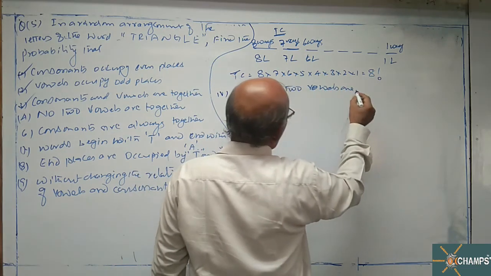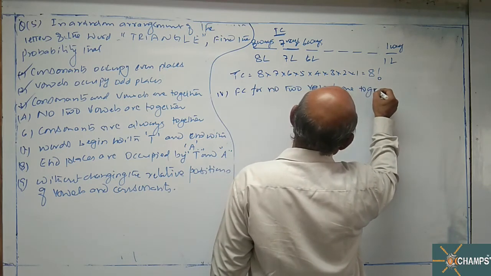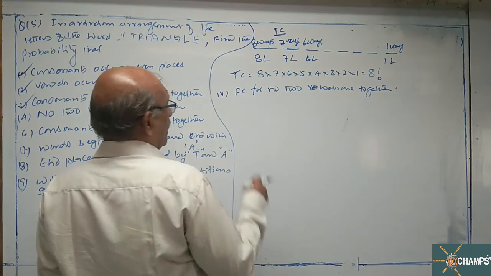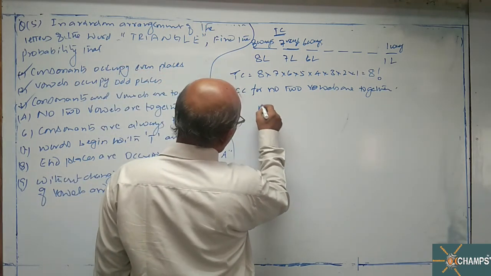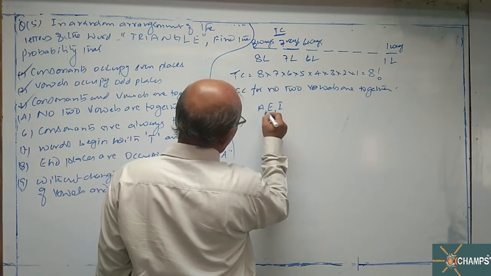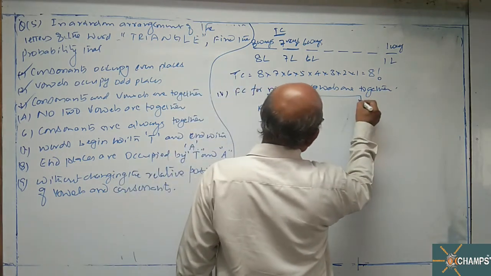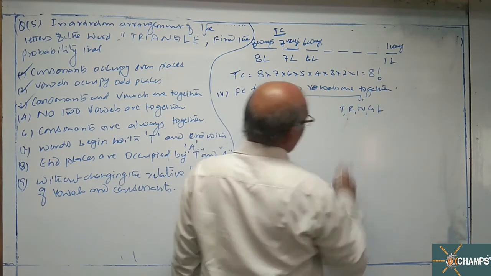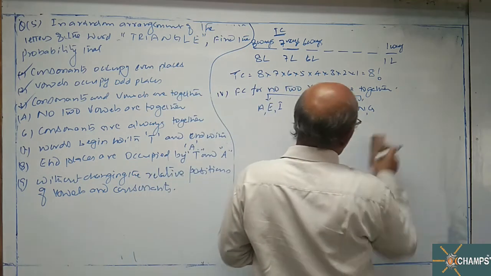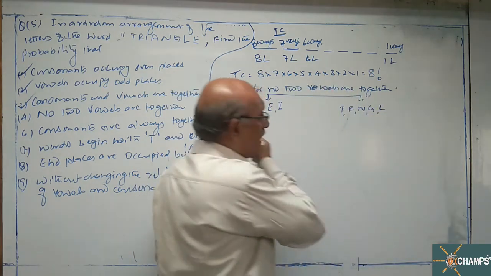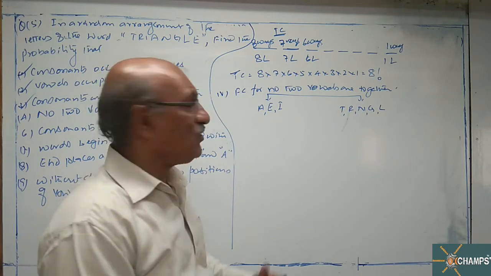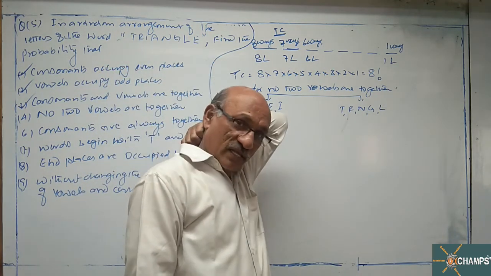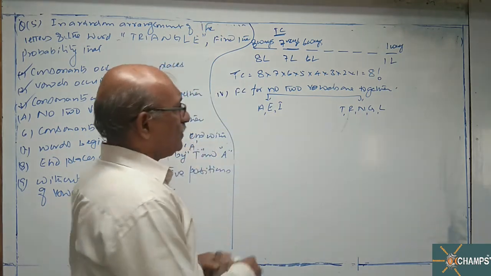When no two vowels are together, these 3 vowels I am putting at one side and the consonants at the other side. We have restrictions only on the vowels, sir. Consonants are free. There is no restriction on consonants.